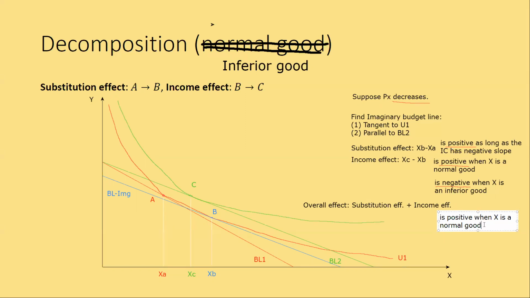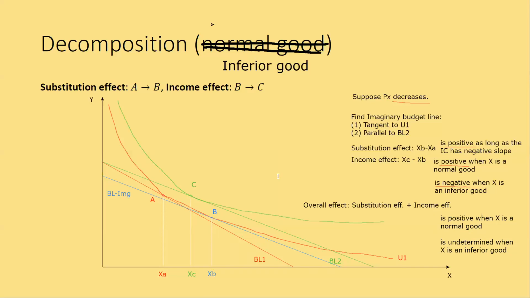We can reach this conclusion. And the overall effect is going to be ambiguous. It is going to be undetermined, right? So the overall effect is going to be undetermined when x is an inferior good. So we can reach those two conclusions.